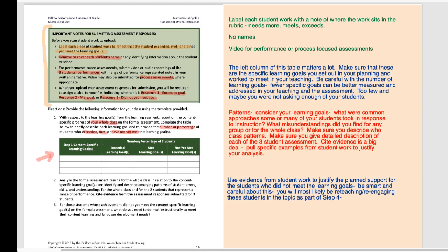I would suggest that you also, for yourself or in some artifact, you make another column, and this would be where you have your percentages, okay, of the whole class, all right? Or that would actually be at the bottom of the table or chart, and that would be good, okay? So you need to make maybe a bottom row where you say exceeded what percentage, met what percentage, not yet met what percentage.